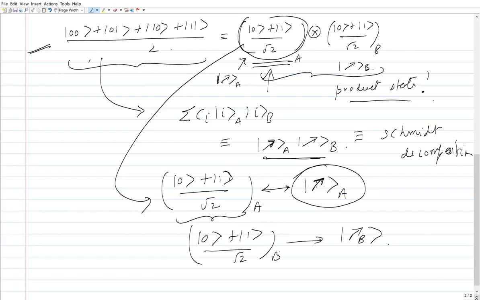of my initial state. So Schmidt decomposition, in other words, is a way of looking at the quantum state that tells you how many degrees of freedom the state has, where by degrees of freedom I mean the Schmidt number.